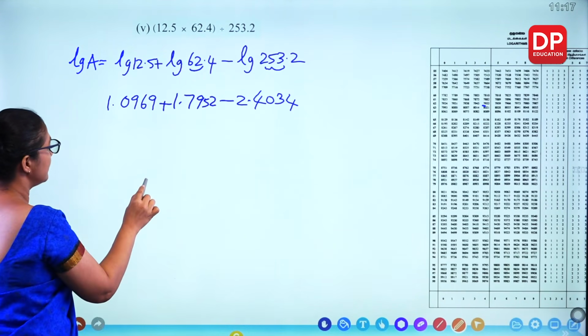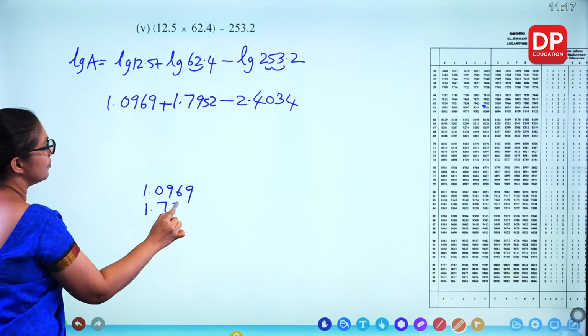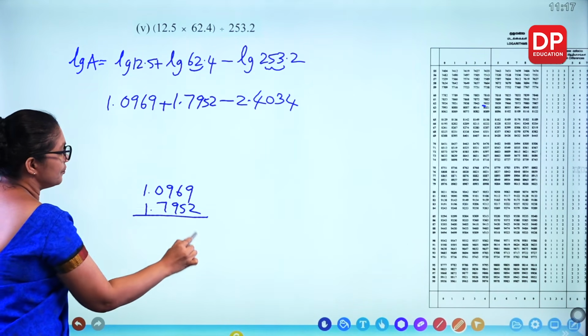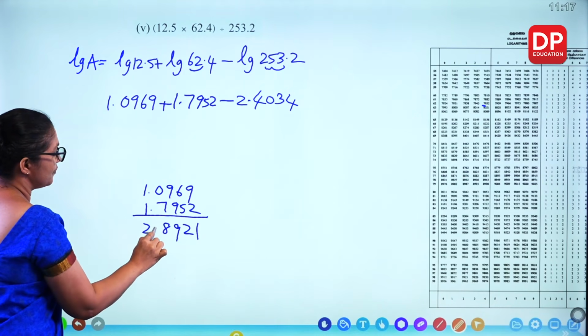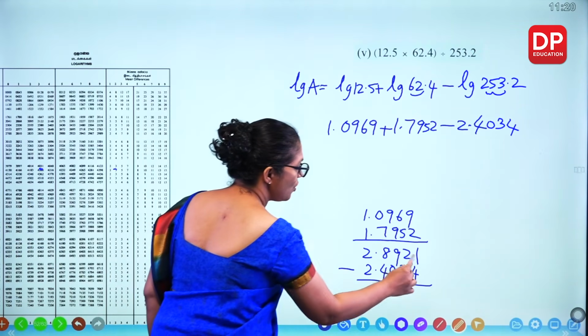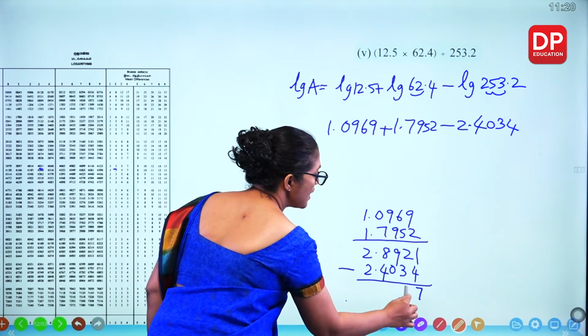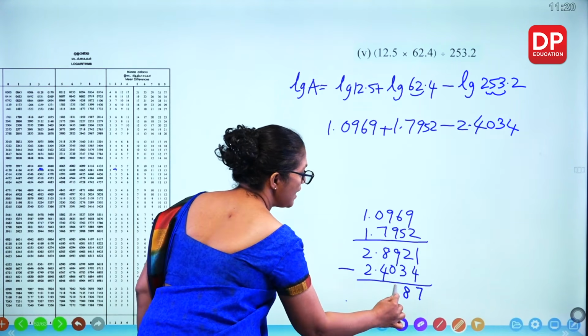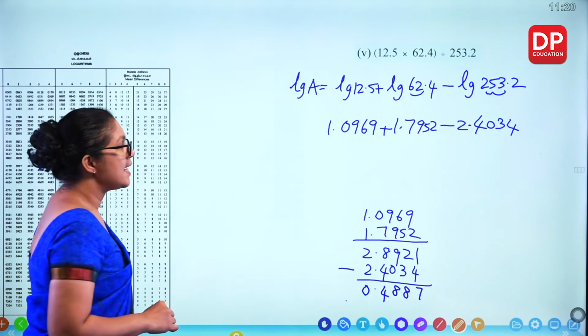Now add. Now subtract these two. You get 7, 4, 11, 1 remaining. 4, you get 8, 12, 1 remaining. 8, 4, 0. So 0.4887.